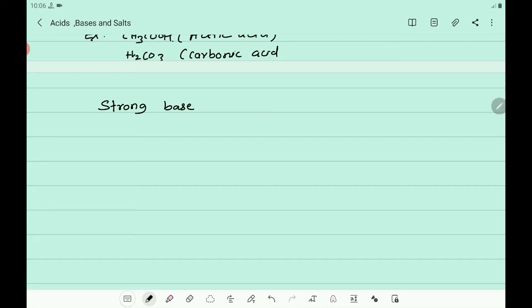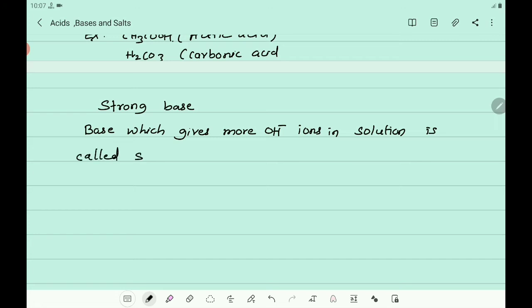So write: the base which gives more OH minus ions in solution is called a strong base. What is a strong base? A base which gives more OH minus ions in solution is called a strong base.